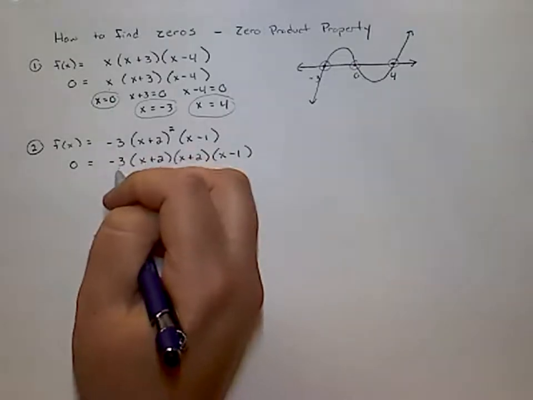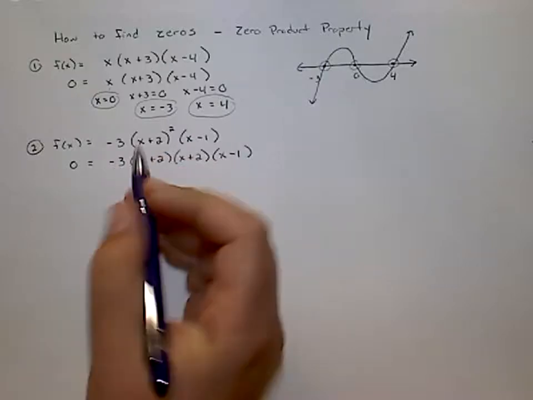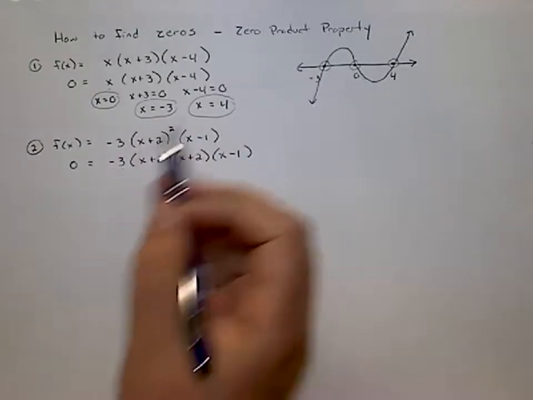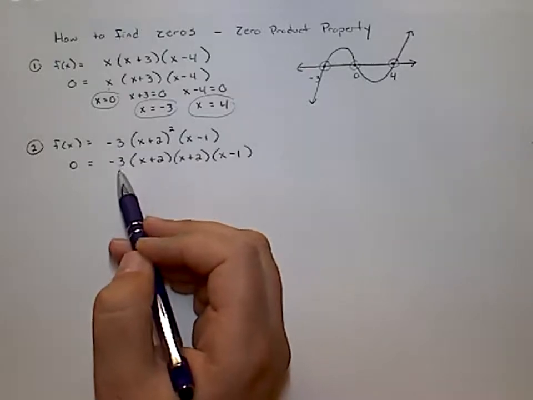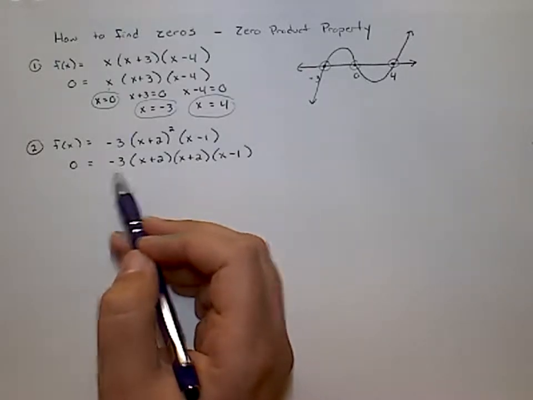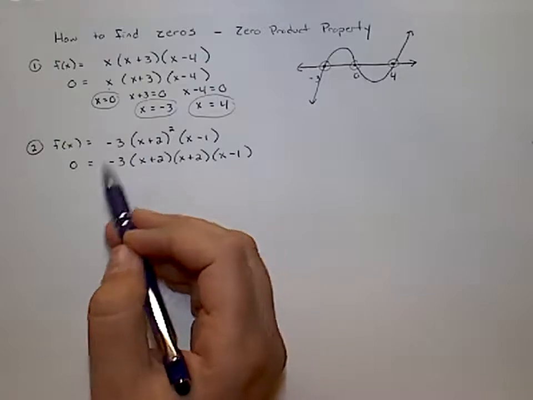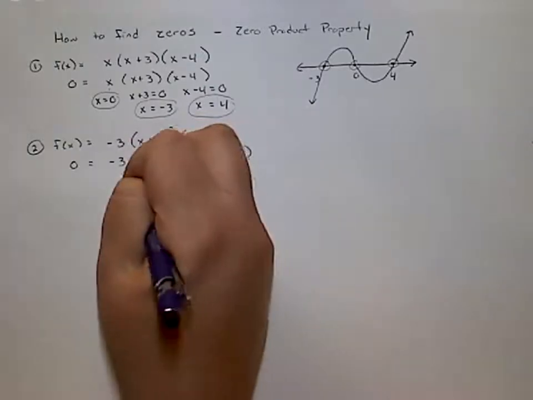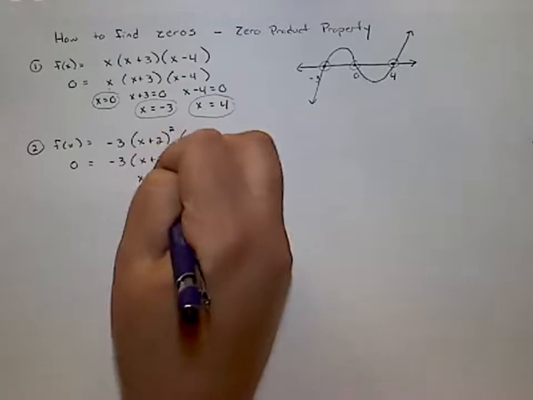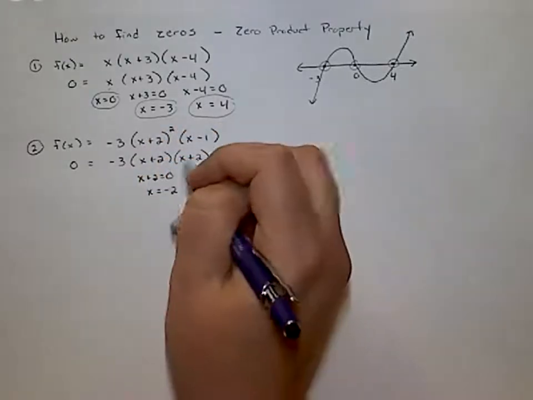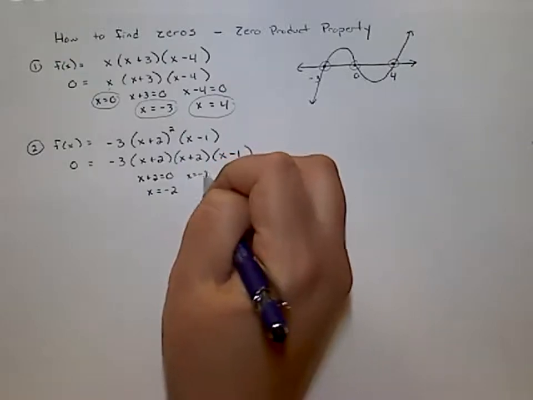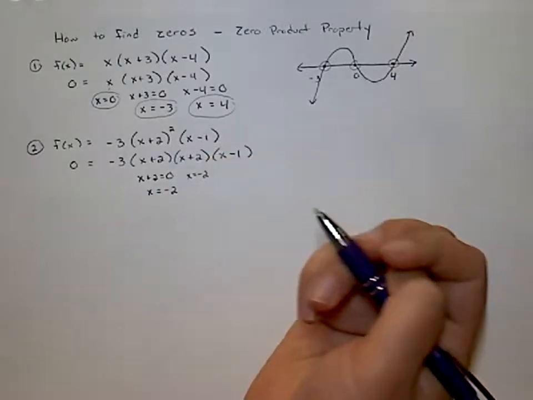Now, we have a constant out front, that negative 3. Do we have to worry about that when we're doing the zero product property? No, because it doesn't have an x there. So there's no way to get that negative 3 equaling 0. That's kind of just along for the ride. So what makes x plus 2 zero? Negative 2. Now, negative 2 also makes that second x plus 2 zero.